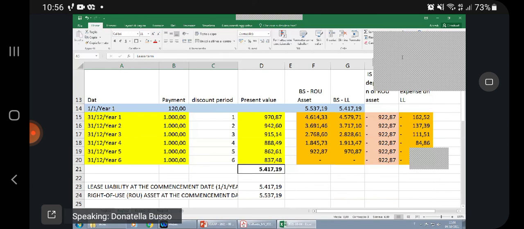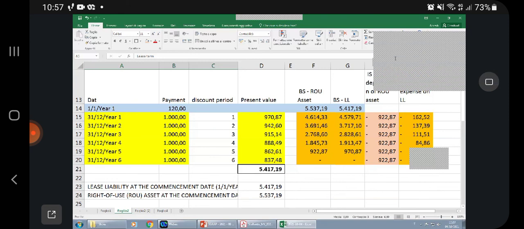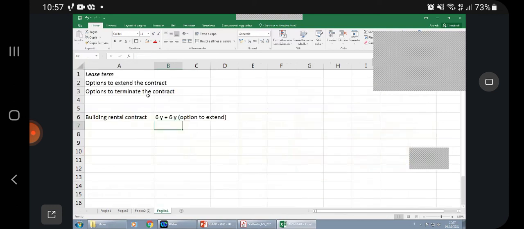Valeria, this is how the contracts are written according to the law, so 6 years plus 6 years. Then, of course, it is possible for a company to extend for 6 years and at any time to decide to terminate the contract. But if you decide to terminate the contract before the expiration of the term, generally speaking, you have to pay a penalty. Okay?